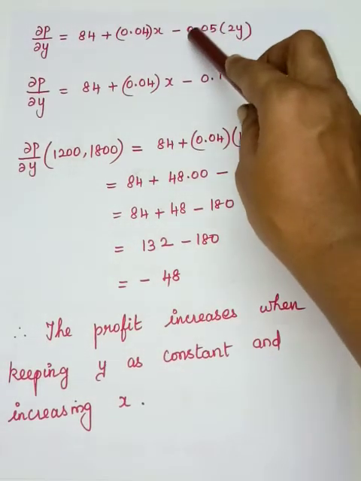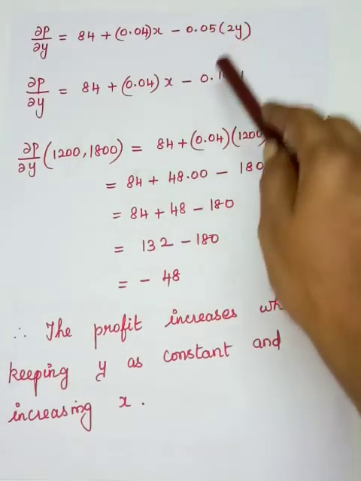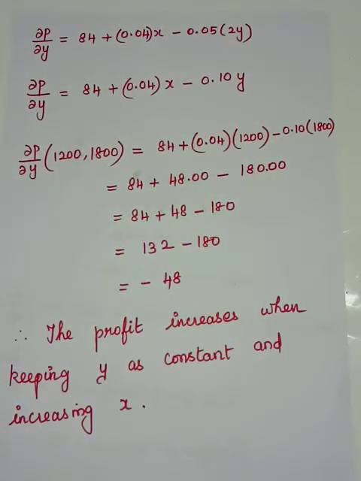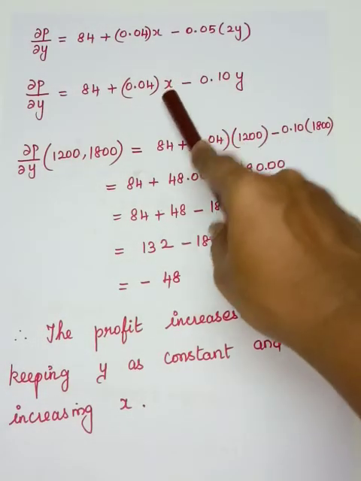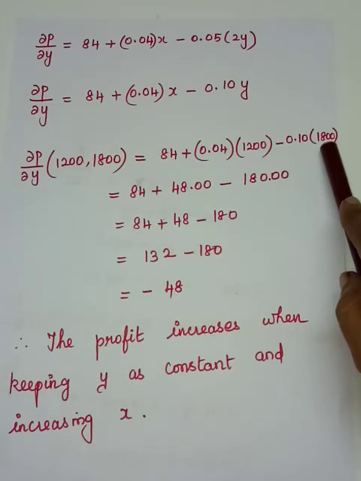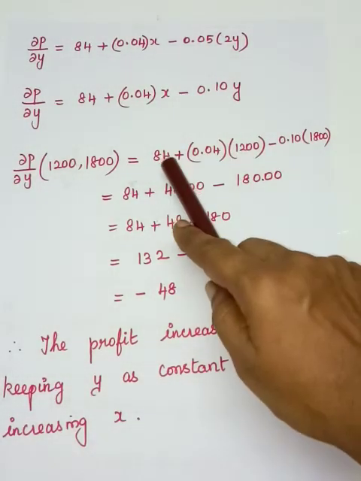So when you multiply 0.05 into 2y it is 0.10y, and in the same way dou p by dou y has to be found when x is equal to 1200 and y is equal to 1800. When you substitute x, it is 1200. When you substitute y, it is 1800. You see that here it is 84.